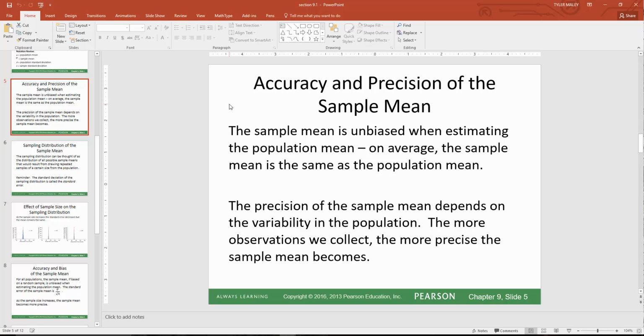And then the precision of the sample mean is going to depend on the variability in the population. And remember, the bigger the sample size we have, the more observations we collect, the more precise the sample mean becomes.